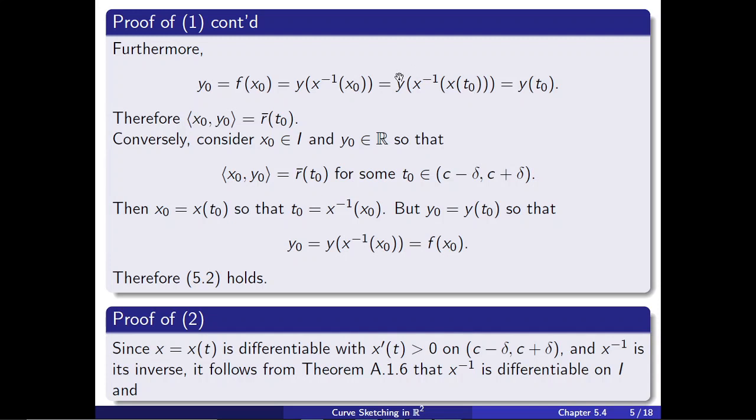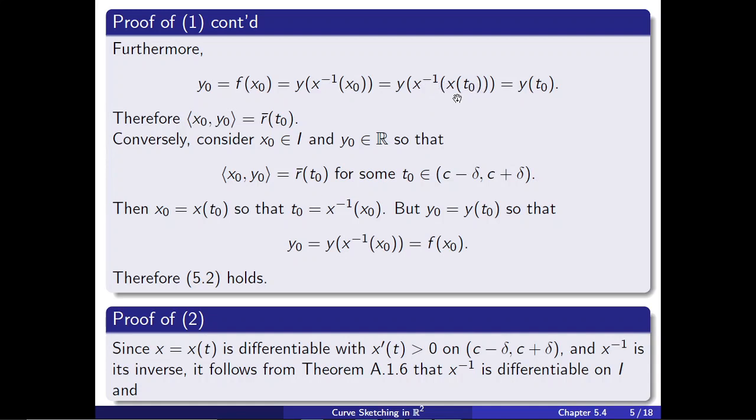So if we replace the x naught with x of t naught, which we just showed is true, then that is going to be equal to y of x inverse of x of t naught.